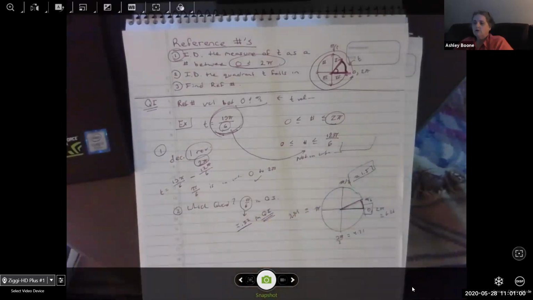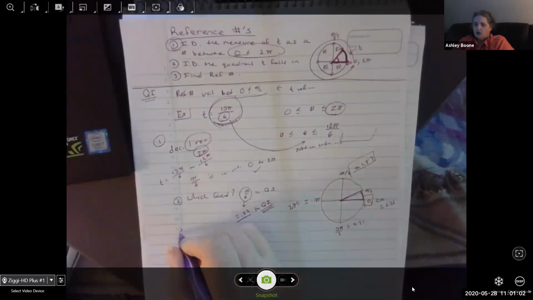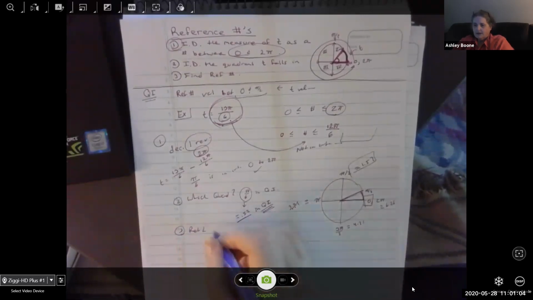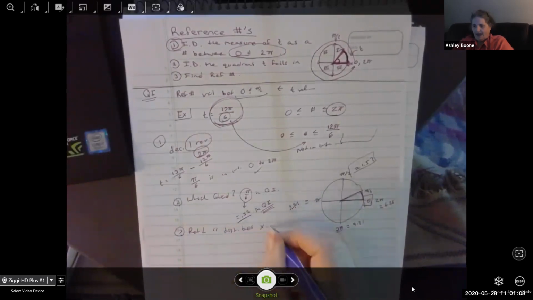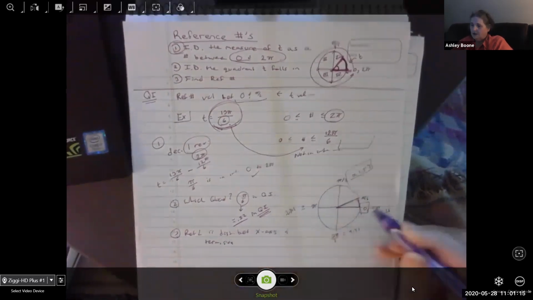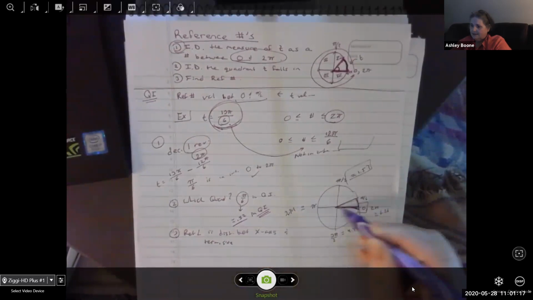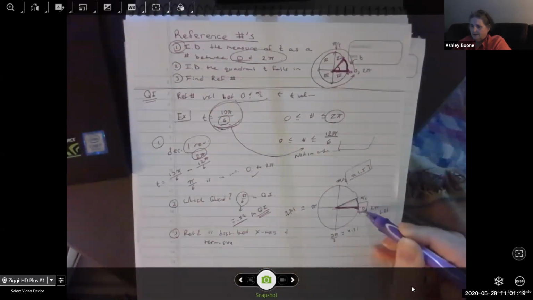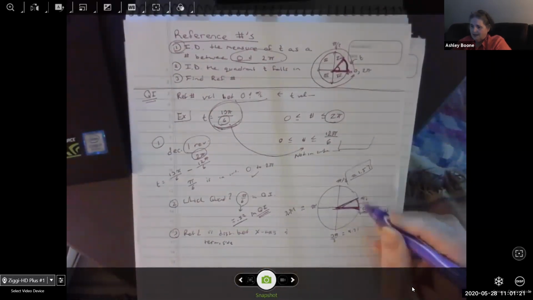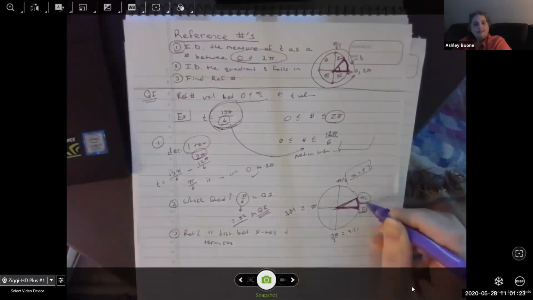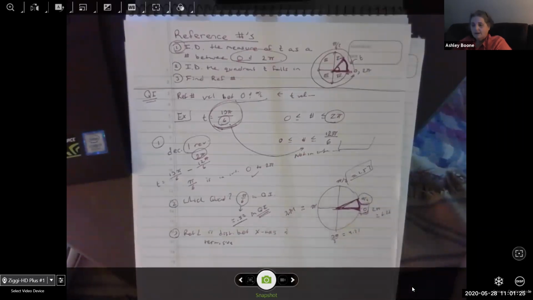If you are in quadrant 1, your reference angle is the distance between the x-axis and the terminating side. Well, what's going on here? Here's the x-axis, that's the 0, and here's our terminating side. Notice that is that distance of pi over 6 that we had found.